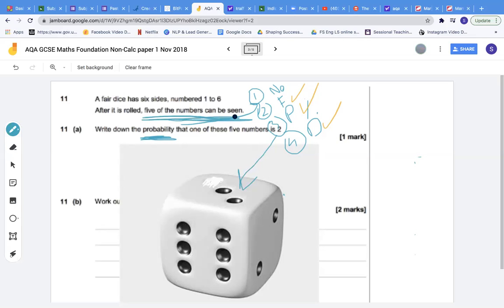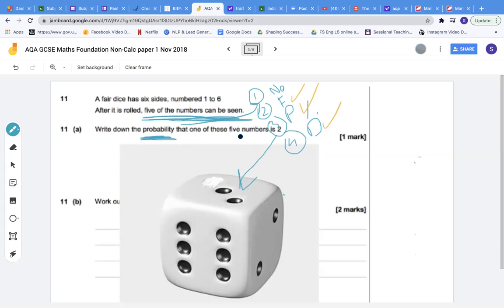If you think about it, a dice has 6 sides, yes? And when you put the dice on the floor, how many sides can you see? 3 or 5? Oh, 5. Yes, because it says 5 can be seen. You have the 2 sides either side, and then you have the top.